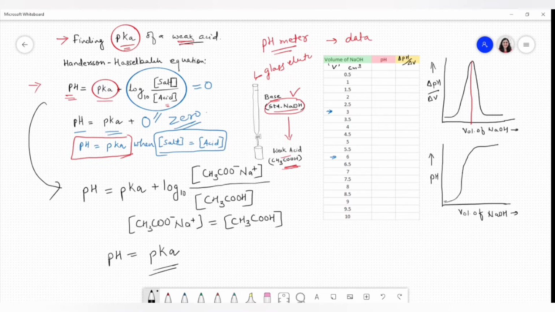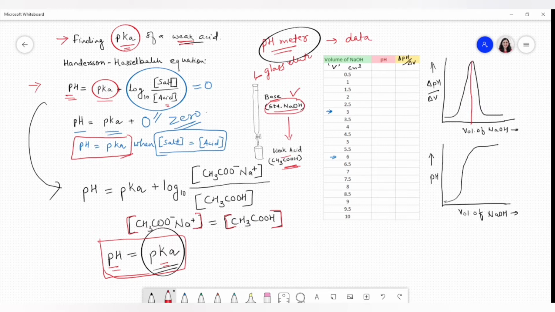That means when you measure the values in the pH meter, those values of the pH will help you in finding out the values of pKa. So this is very important: at this point, when the concentration of salt is equal to the concentration of your acid, you can say that pH will be equal to pKa.